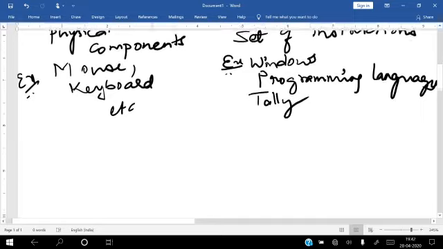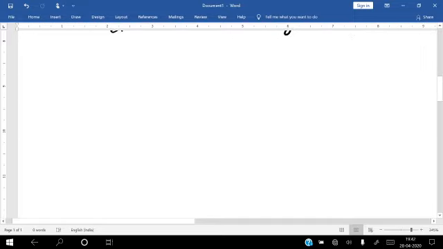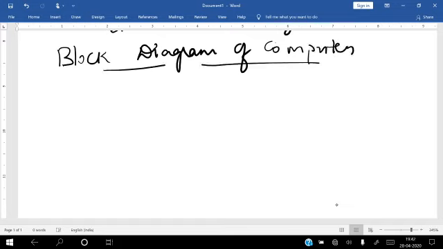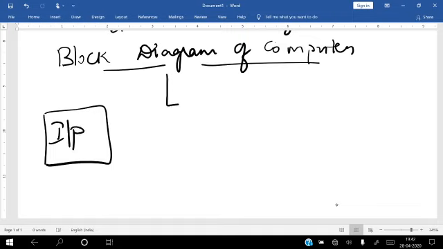Now, let us start the next part, that is your block diagram of the computer. You already know what a block diagram of a computer looks like. How many units are there? There are basically 4 units in your block diagram. The first one is your input unit, and then you have your memory.